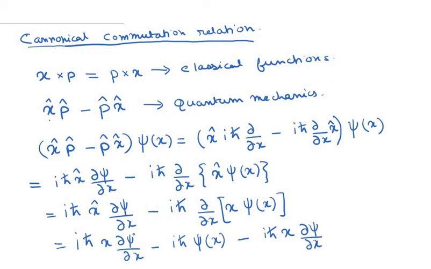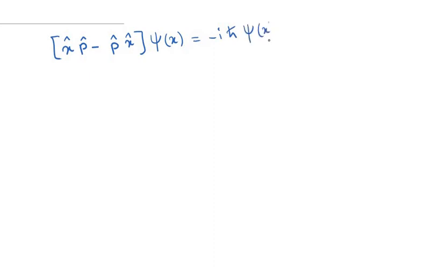Okay, so this thing and this thing here cancel out, so we have minus I h bar psi x. Okay, so whatever we get now is basically x p minus p x acting on psi x gives me minus I h bar psi x. So this is a combination of two different operators, so this is also an operator. So x operator p operator minus p operator x operator is equal to minus I h bar.